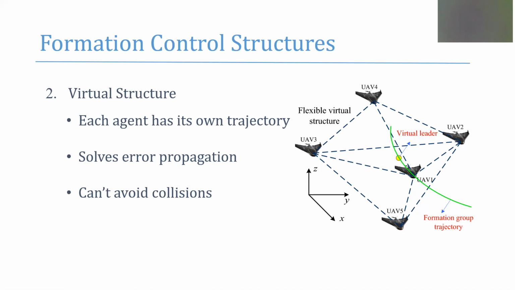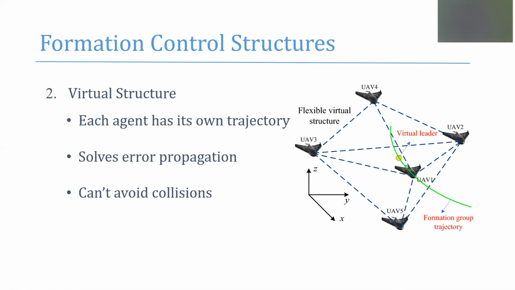Then, each agent in the formation has its own trajectory to follow, where the group of all trajectories forms the desired formation. So, in other words, we have a virtual leader. It could be, for example, a central computer.